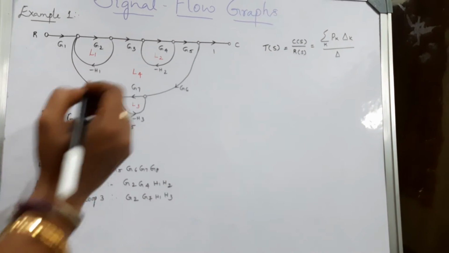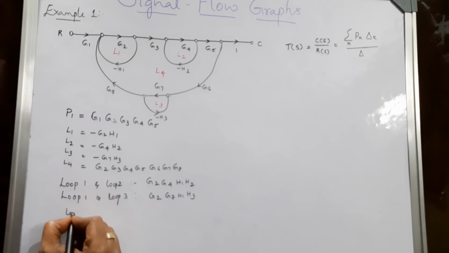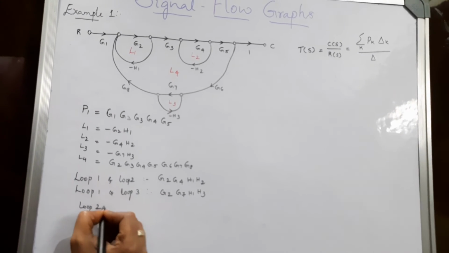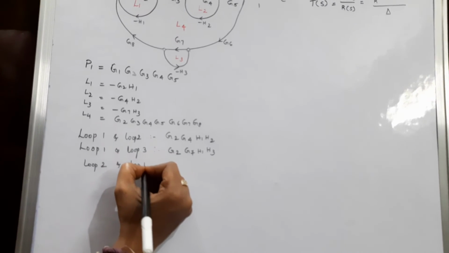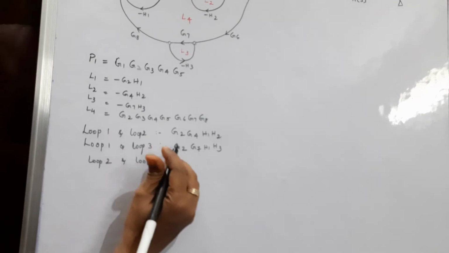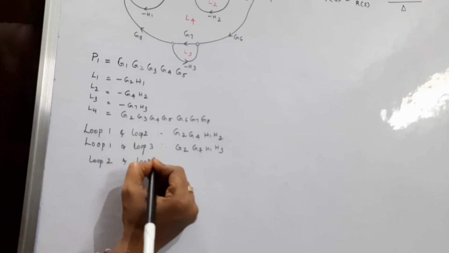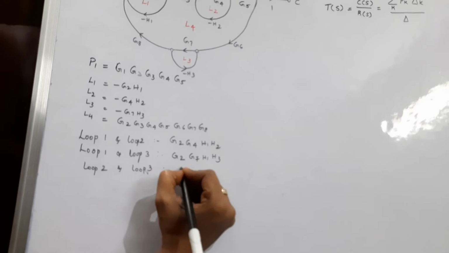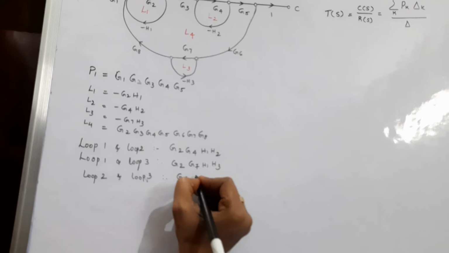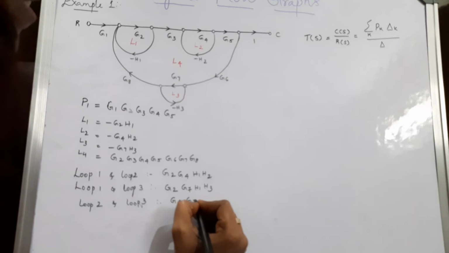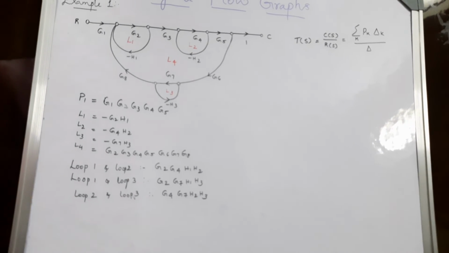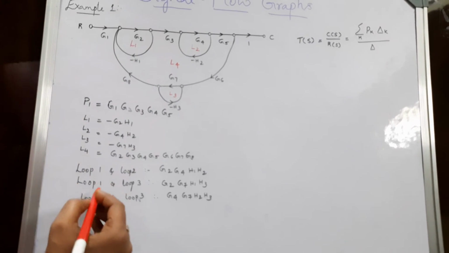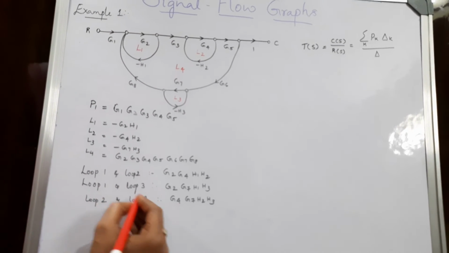Next, loop L2 and loop L3 are not touching to each other. So G4, G7, H2, H3. This is the product of the gains of loop 2 and loop 3.